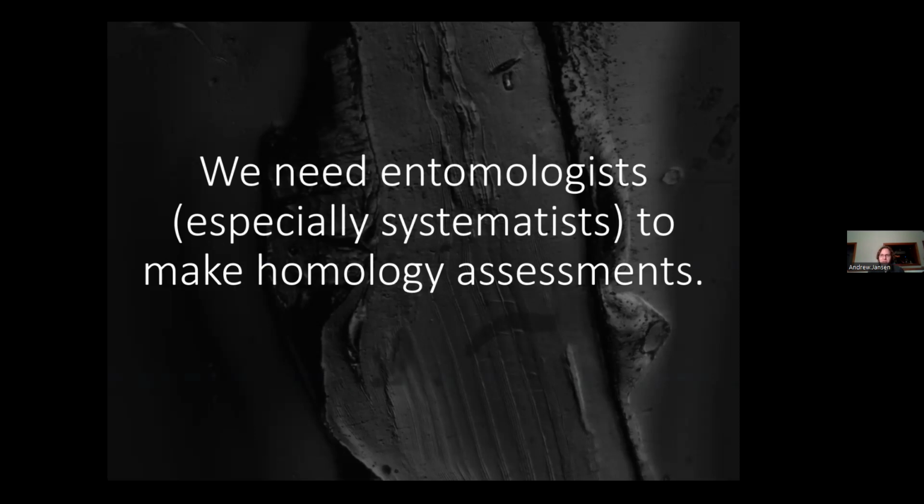And because of that, we don't have any solid homology assessments for what parts of the animals are actually comparable and are derived from a single common ancestor. So the only way to get that kind of information is to have biologists look at this, not just engineers, but entomologists, people who are specialists in morphology of cuticular structures.